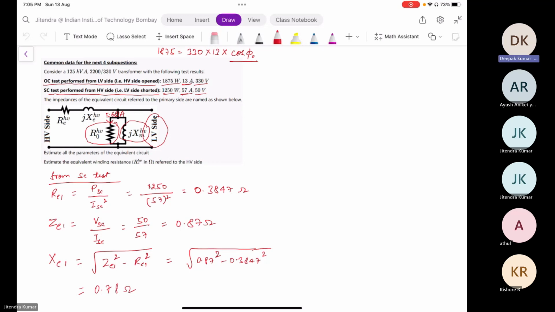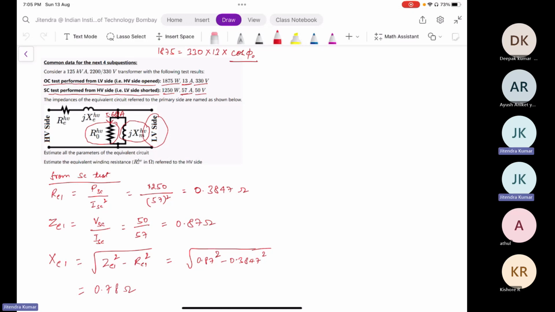Sir, how can we calculate the efficiency from these two tests? Okay. Efficiency, how to compute? See, short circuit test is generally done at the rated conditions, right? And at that rated condition, if you find out power factors from the SC test, you will get the output power.